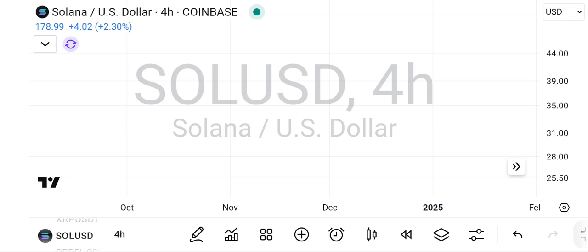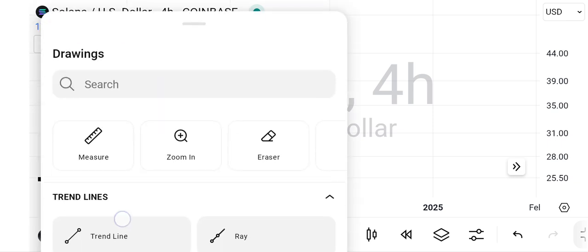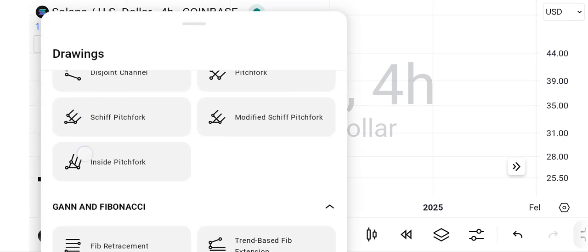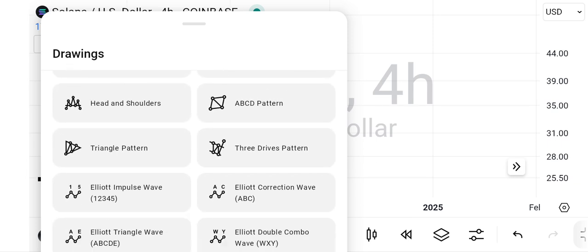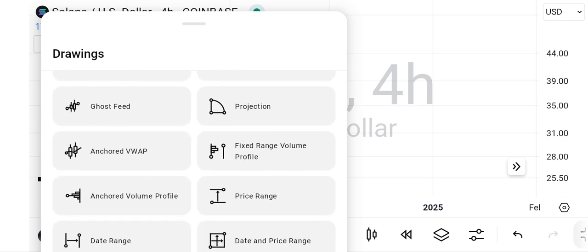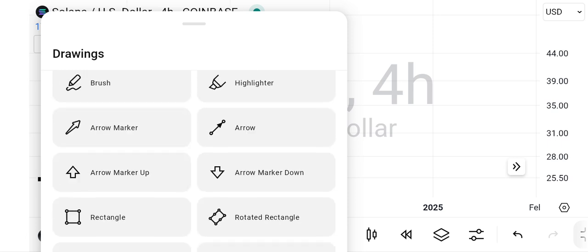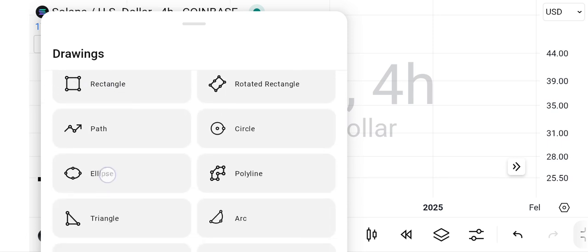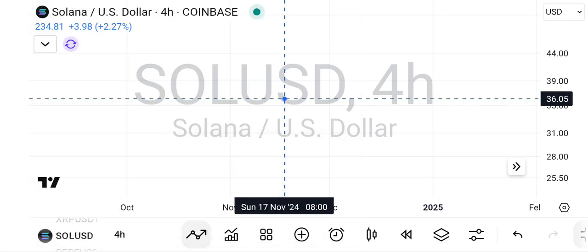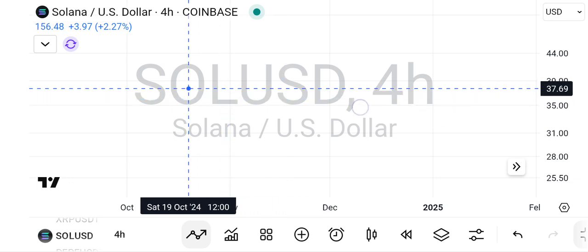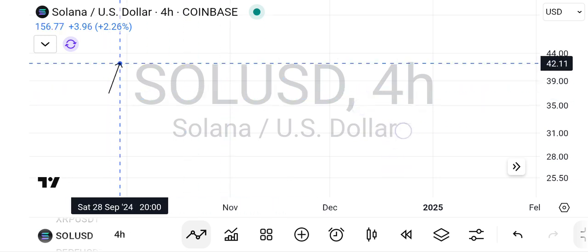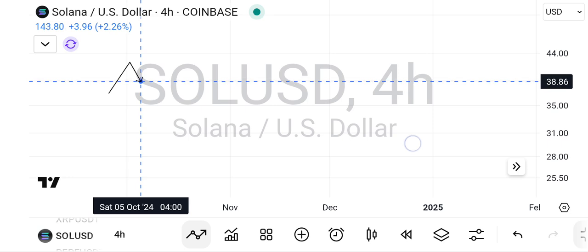Today's video, I want to show you guys how to identify a trend change. When you're in an uptrend, we already know that we have three forms of market movement.